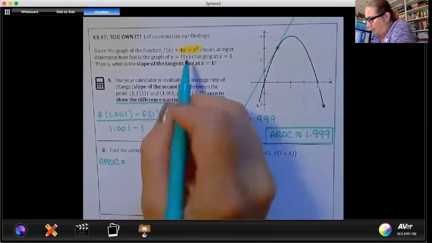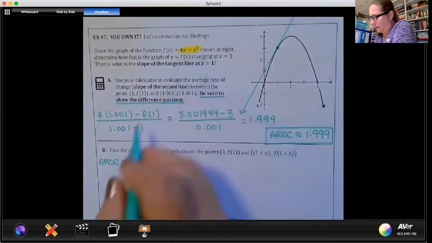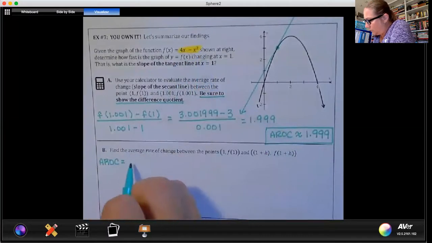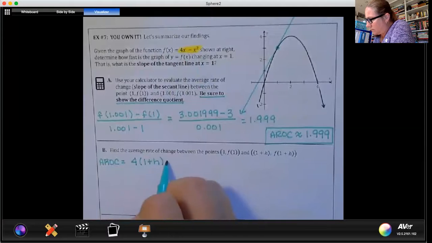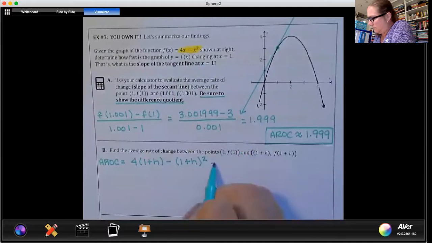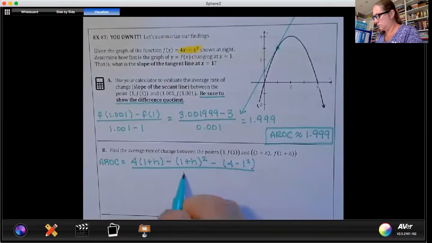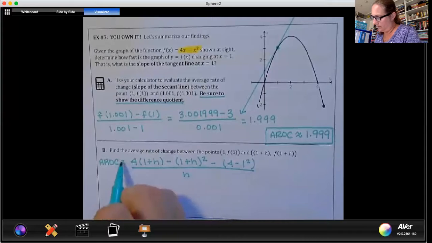All right, so our formula, again, our equation 4x minus x squared, we're going to do 4 of 1 plus h minus 1 plus h squared. That's the first part. Minus 4 minus 1 squared, all over h. And of course, is our limit.